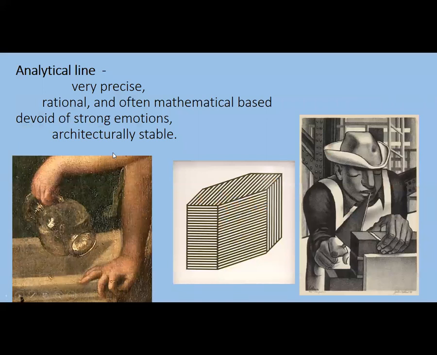So analytical line is really different. It's very precise, it's rational, it's often mathematically based, it's devoid of strong emotions, and it's architecturally stable. And by architecturally stable, I mean that the artist will very precisely use, like in this instance, 1-point linear perspective to make these shapes, this masonry and this construction site in the background look more three-dimensional.